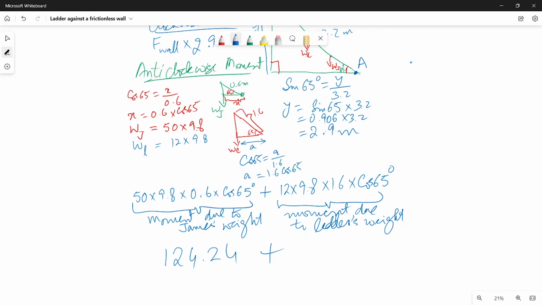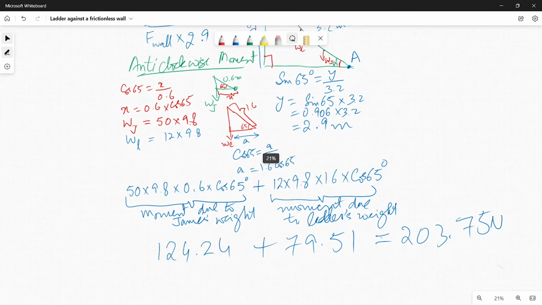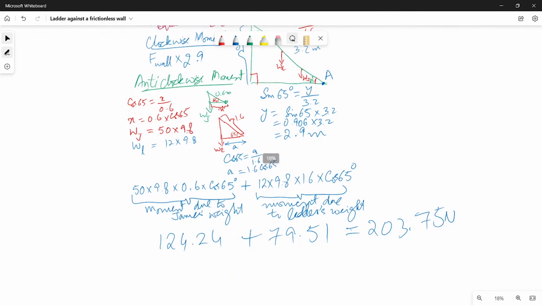And the next thing, which is 12 times 9.8 times 1.6 times cos 65, comes out to be 79.51. So if you add both of them together, 124.24 with this, it comes out to be 203.75 Newton metre. And because clockwise and anti-clockwise moments should be equal, so we would say F wall.